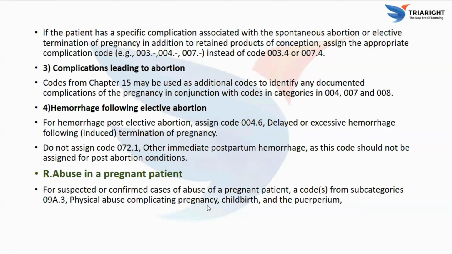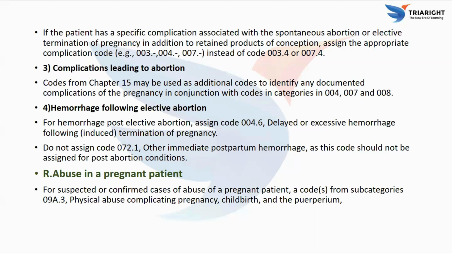So next is, if a patient has a specific complication. Sometimes after a spontaneous abortion or an elective abortion, the patient may develop a specific complication such as infection, heavy bleeding, sepsis, and injury to the organs. So if such a real complication is present, you should not use the basic retained products codes, that is O03.4 or O07.4.